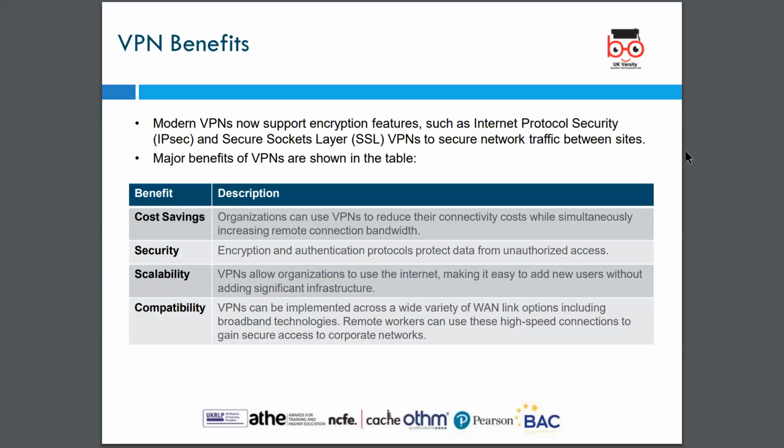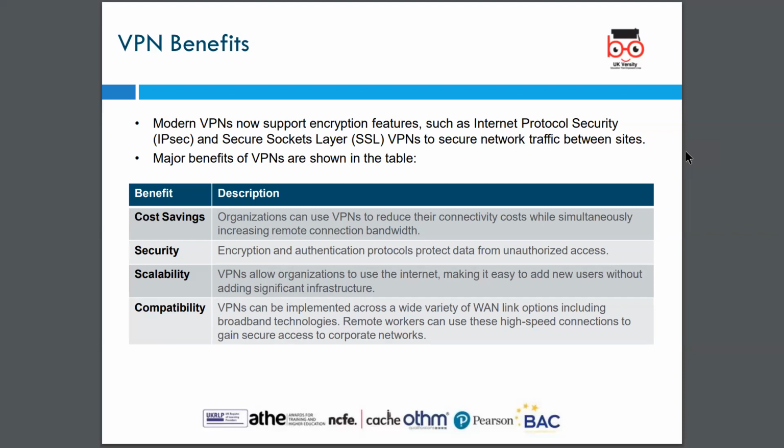So what does this mean? Well, there are various types of modern VPNs, which can now support many types of encryption features. And there are various benefits to using this.